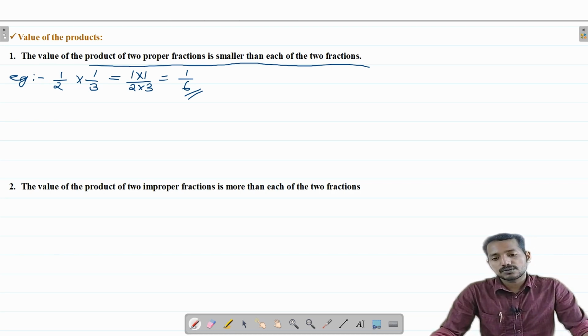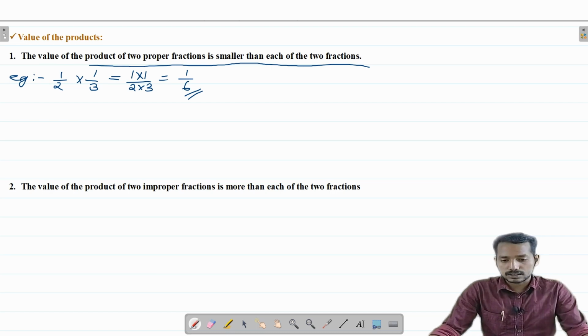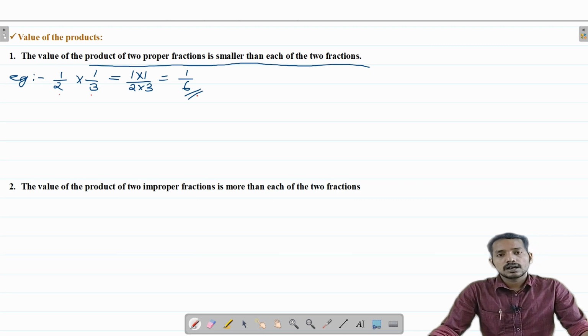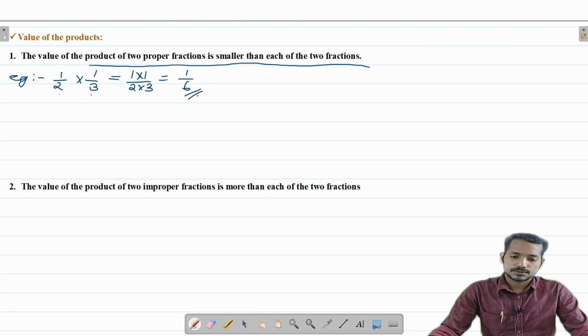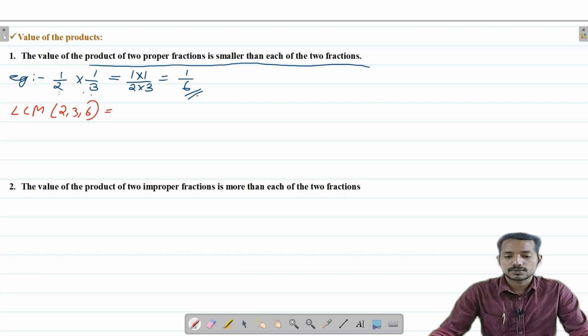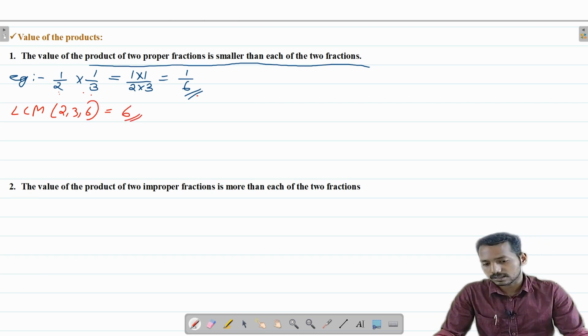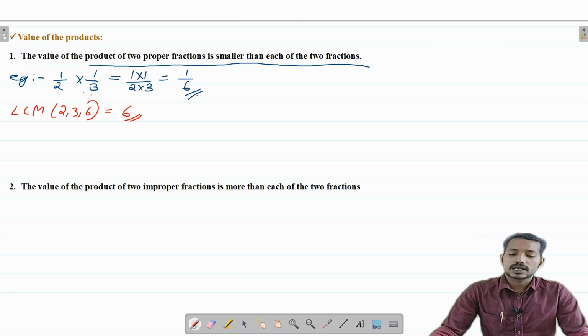For that, we need to write all these fractions, 1 by 2, 1 by 3 and 1 by 6, in terms of the same denominator. For that, we need to find the LCM of the denominators 2, 3 and 6, which is 6 itself. I am not going to discuss how to find LCM. You already know that.